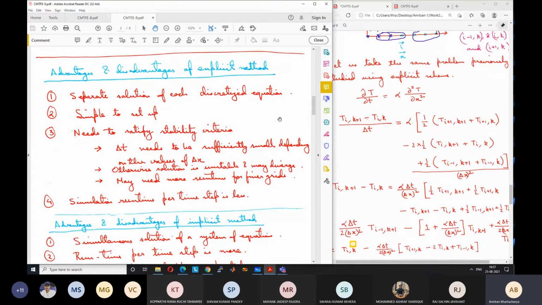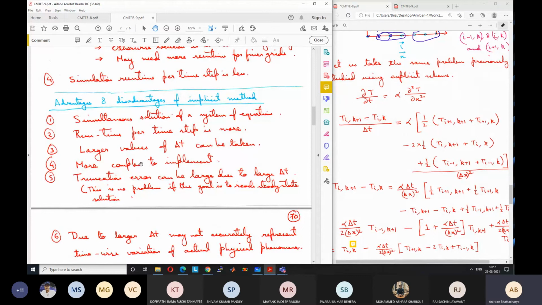Not complicated geometry, I mean complicated physics. Also remember that simulation runtime per time step is less. So even if the number of time steps is slightly more, because the runtime per time step is much less, because you don't need any matrix inversion or simultaneous solution of equations, the process may be much faster also. It depends on how many time steps are there.